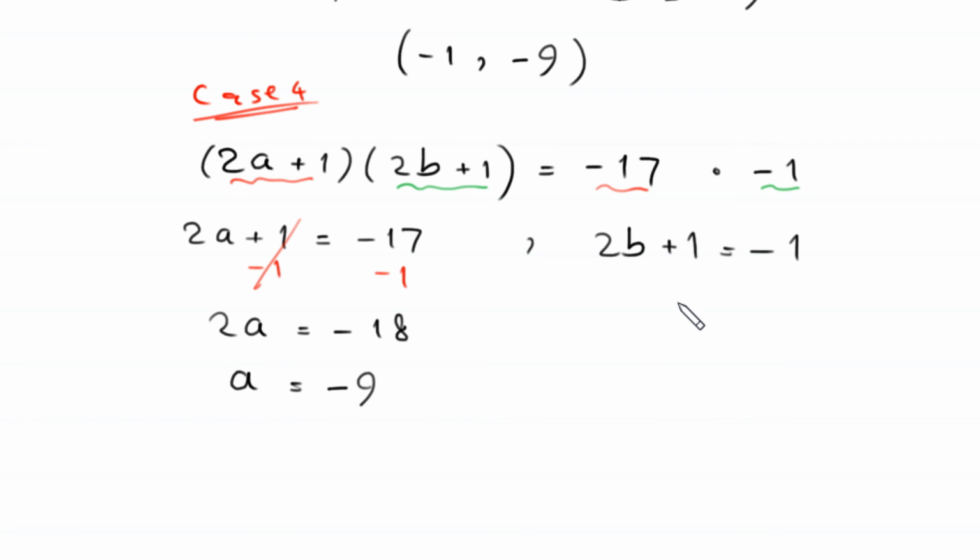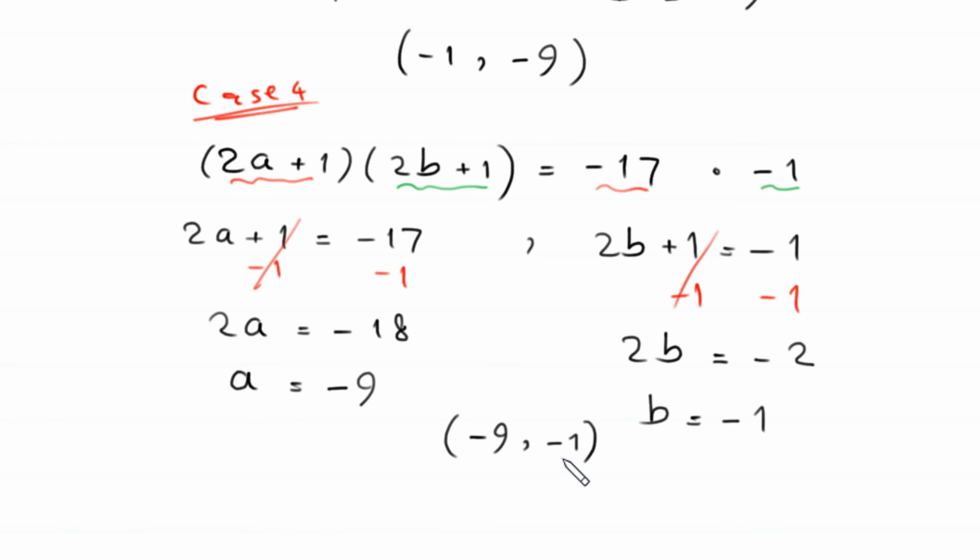And from this equation, if we subtract 1 from both sides, 2 times b is equal to negative 2. And from here we get the value of b is equal to negative 1. So from here we get another pair negative 9 comma negative 1.